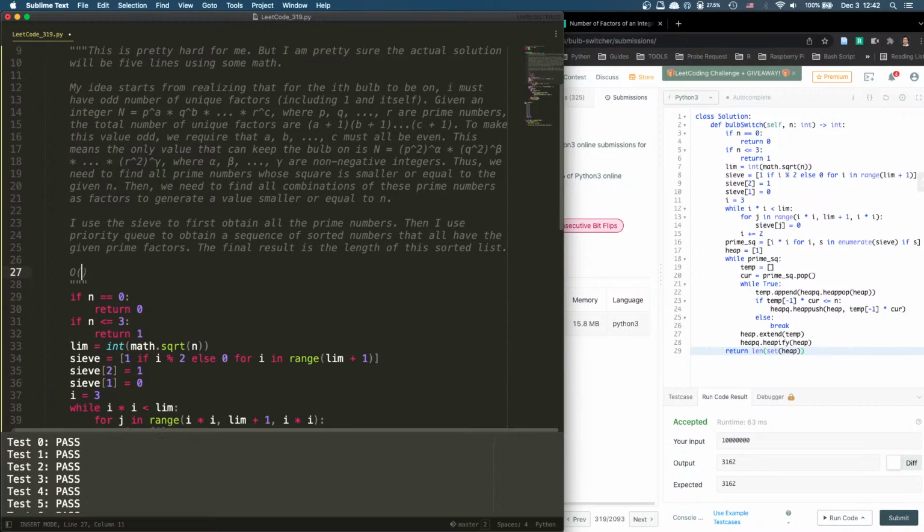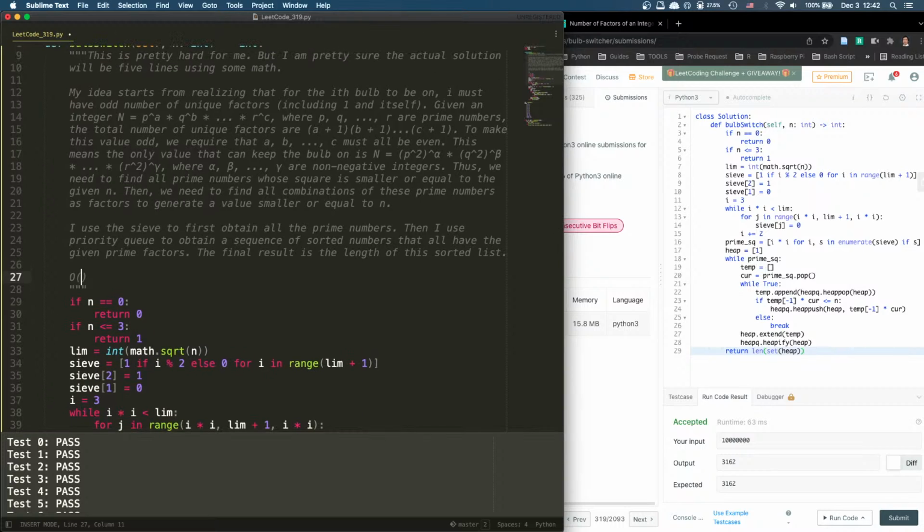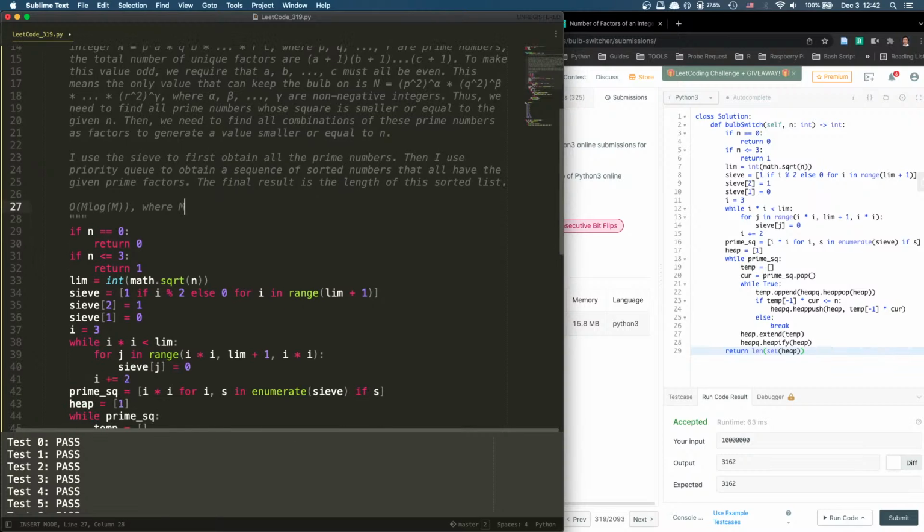Oh, I would say O(m log m). That's what I think, right? Oh, actually no, I think it's O(m squared), where m equals the square root of n.